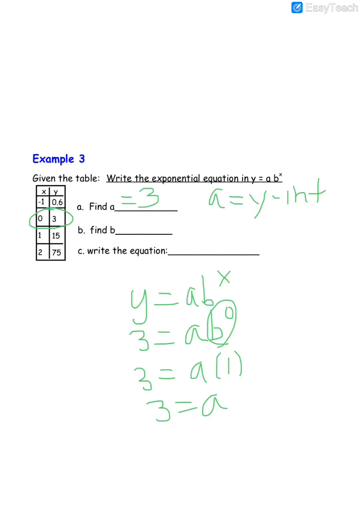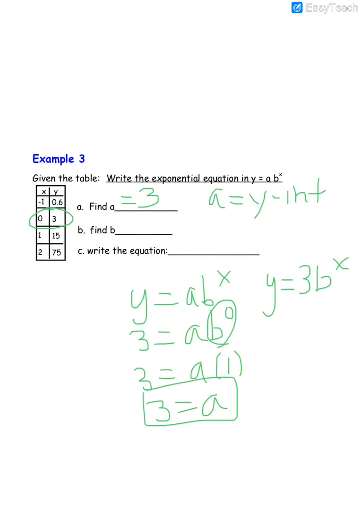That's one way of doing it. Okay, so let's take a look at finding b. Now we know y equals 3 b to the x, because we've just discovered that a is 3, so we plugged it in the front.